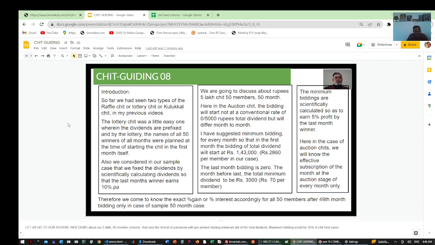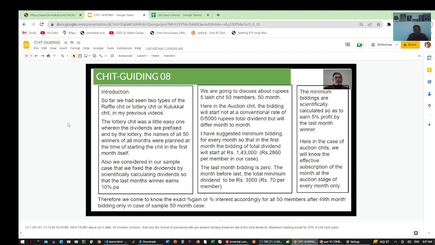We are going to discuss a rupees 5 lakh chit, 50 months, 50 members auction chit. Here in the auction chit, the bidding will start not at a conventional rate of 0 or 5,000 rupees of total dividend, but will differ from month to month. I have suggested minimum bidding for every month so that in the first month of the bidding, the total dividend will start at 1,43,000 or 2,860 rupees per member in our case.